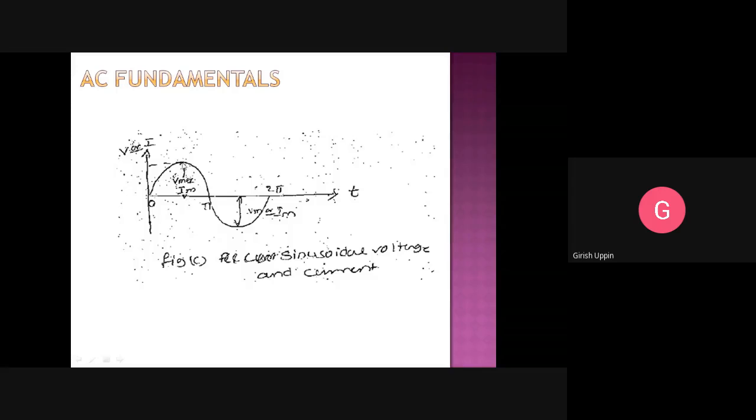If it is a current with maximum of 10 amperes, this is minus 10 amperes. At 2 pi or 360 degrees, again it will become 0. So each sinusoidal voltage or current is represented. One of the important values to be noted is the Vm or the Im, that is the peak value.